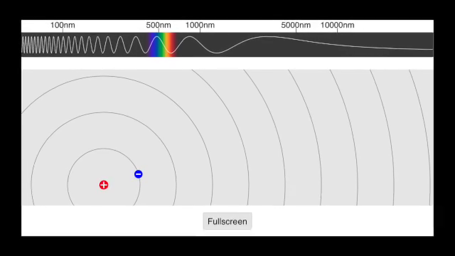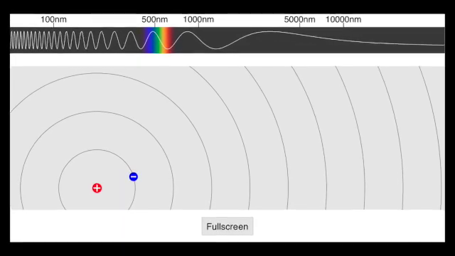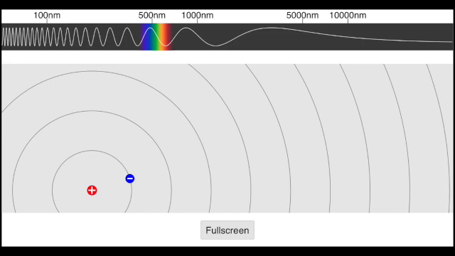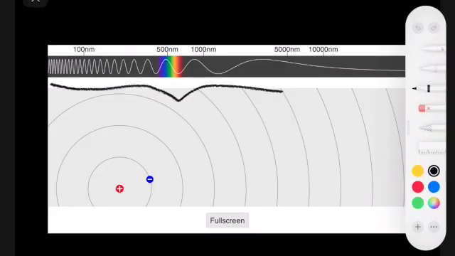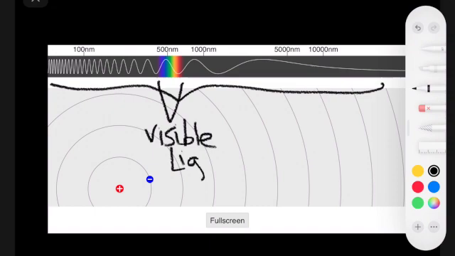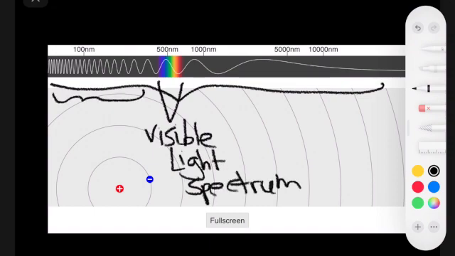Here's a hydrogen atom. You see the positive nucleus and one electron there. And up above, you see part of the electromagnetic spectrum, and right in the middle is the visible light spectrum. And on this side, we see shorter wavelengths, higher energy, that is invisible.